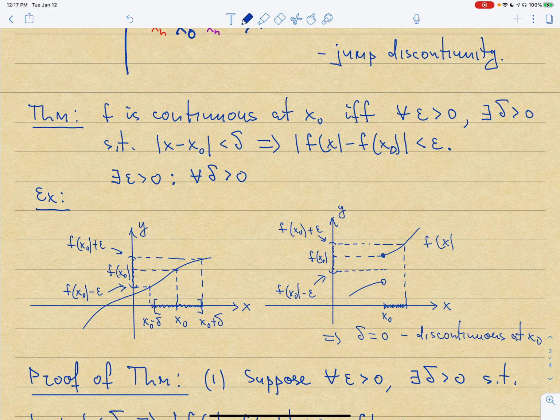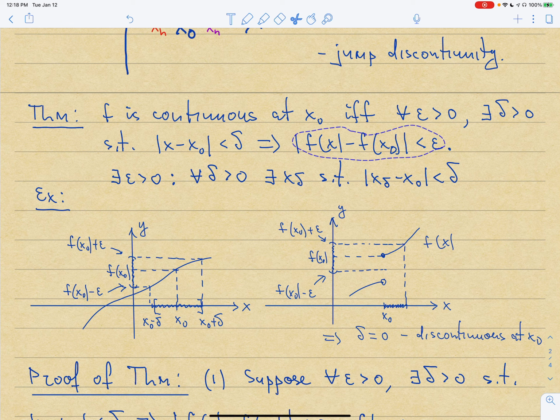So there exists x delta such that x delta minus x0 is less than delta, right? But this doesn't hold for that x delta.